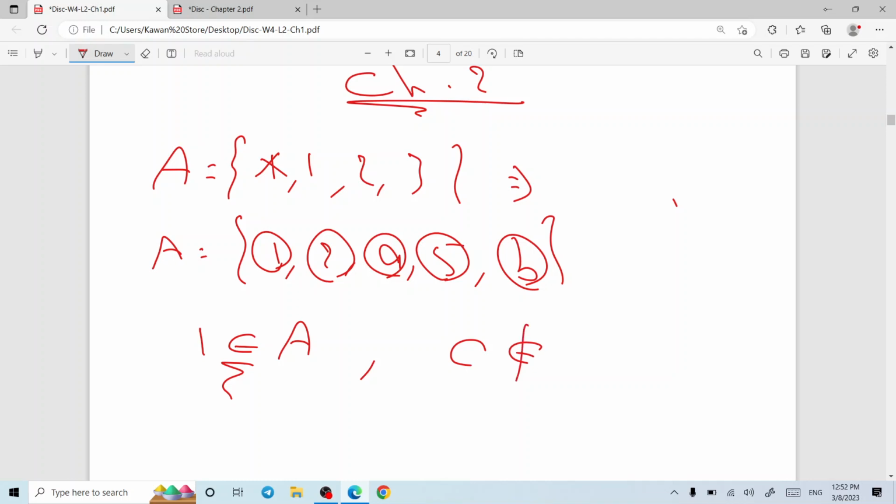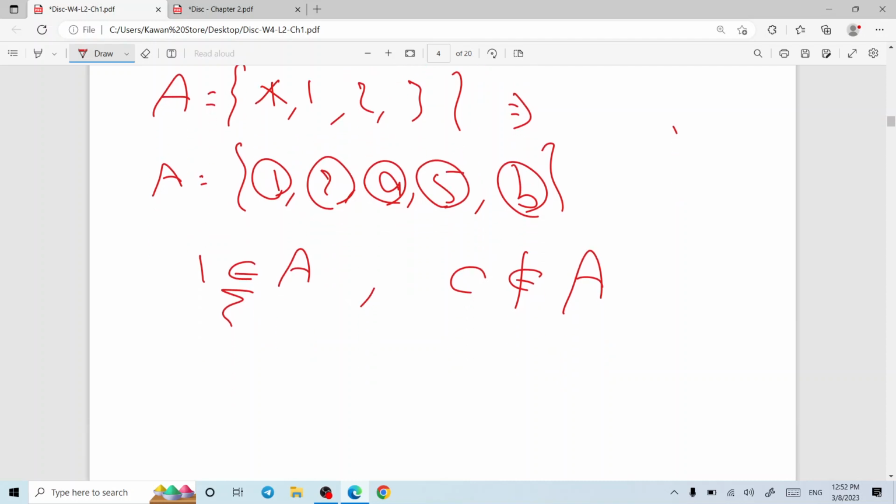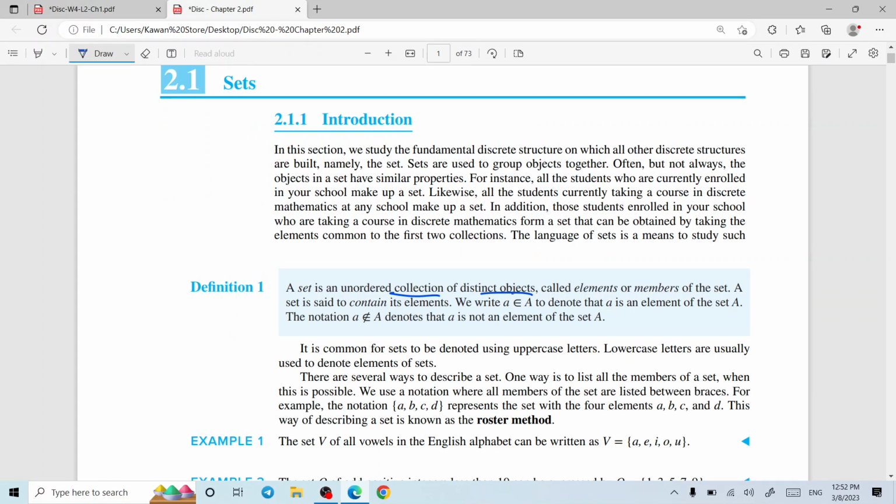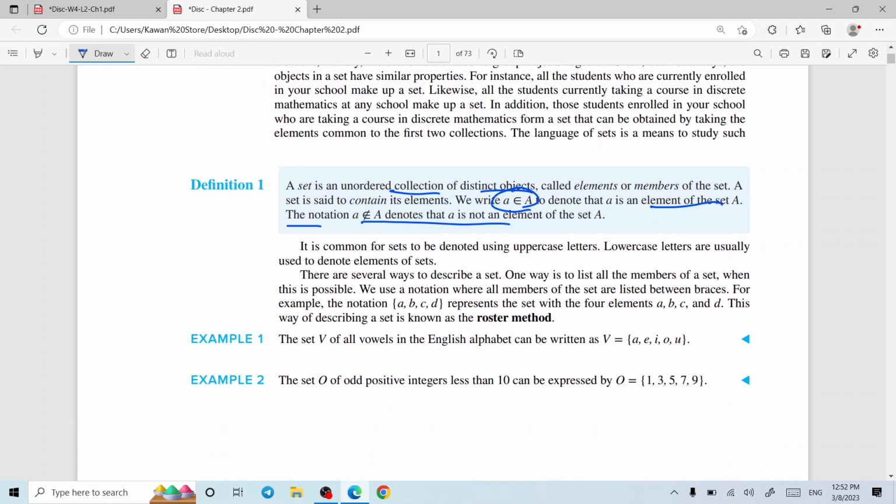C does not belong to A. Why? Because we don't have C, right? So it means that C is not a member of our set. That's all about belonging, denoted by element of, and does not belong to.